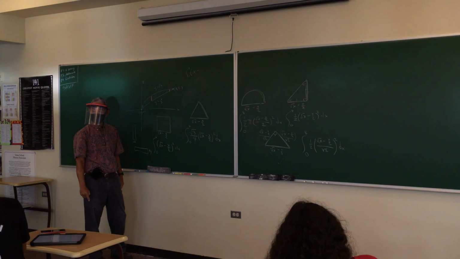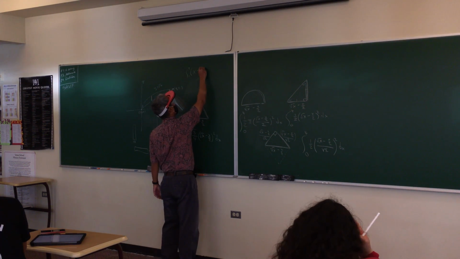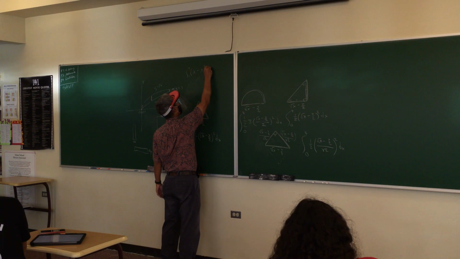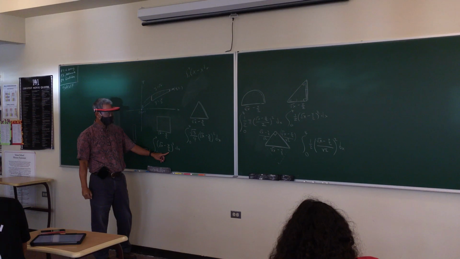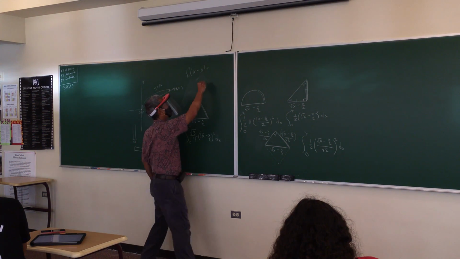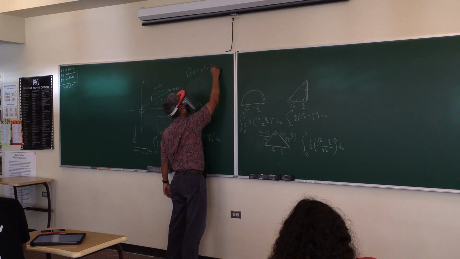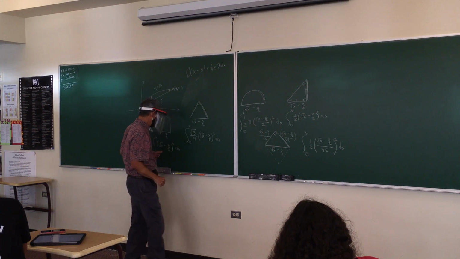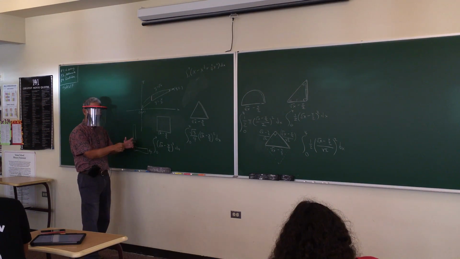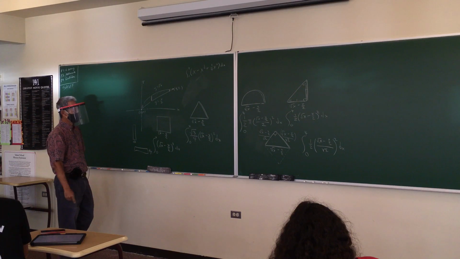Wouldn't there be x to the 3/2 then? Plus this squared, 1/4 x squared. Come on, this is algebra 1, people. Not even algebra 2. A minus b squared is a squared minus 2ab plus b squared.